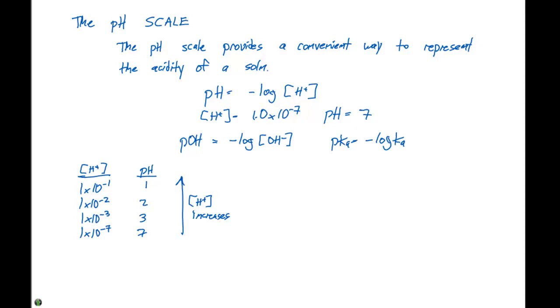So let's look at our H plus concentration, our pH, and then what significance we would have for some of those. So here if we have 1 times 10 to the minus 14, 1 times 10 to the minus 7, 1 times 10 to the minus 3, and then 1.